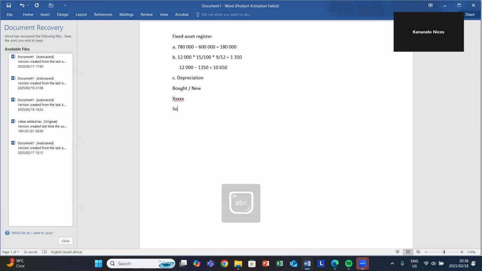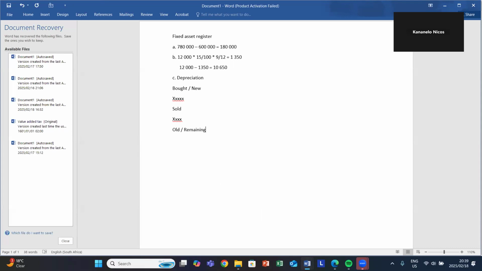The second step, write sold: calculate the depreciation of the asset that you sold and write your value there. And thirdly, write old or remaining.